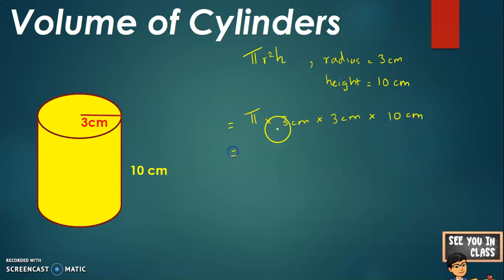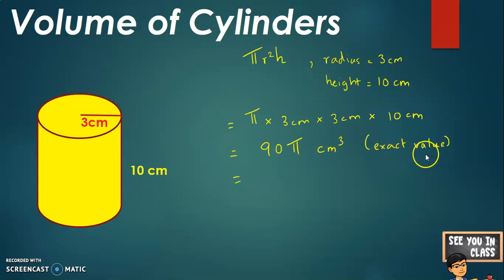So it's going to be 90, and then we have a pi over here, and that would be centimeters cubed, as you are multiplying 3 centimeters three times. Now, you can leave your answer as it is at this stage, and we will call it the exact value.